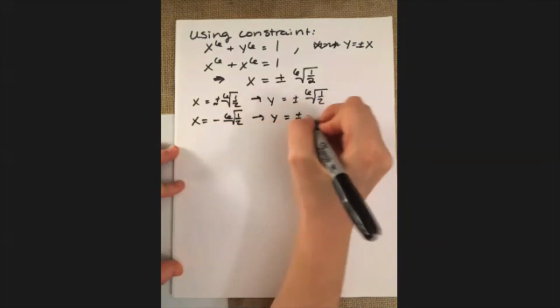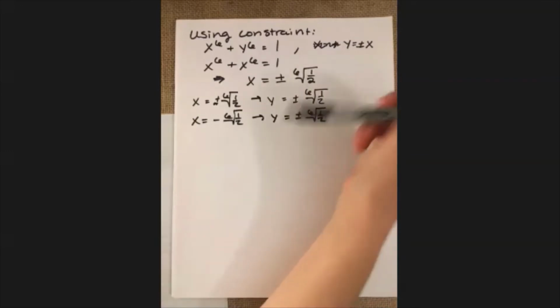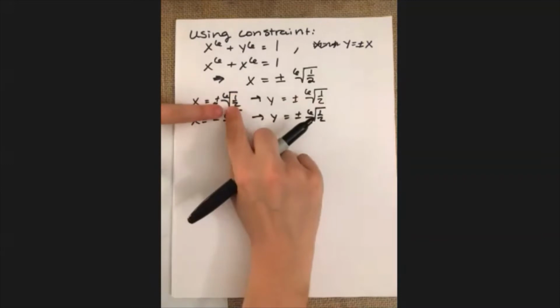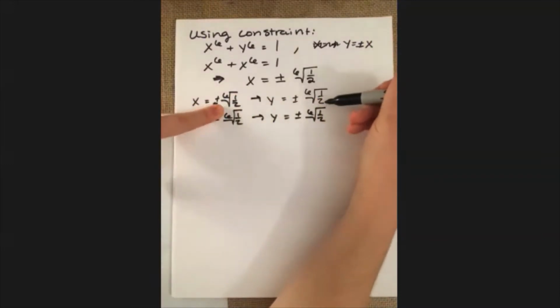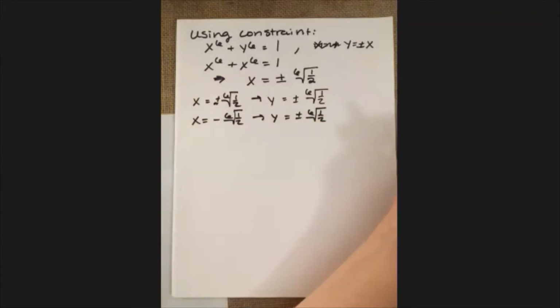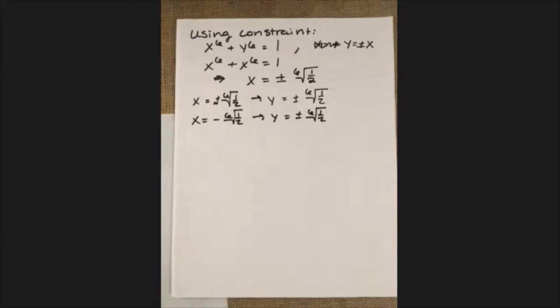Y is equal to plus or minus the 6th root of 1/2. So what this means is that we basically have every possible combination of x and y with them being positive and negative. So like if x is positive, we could have y be positive or negative. And if x is negative, we could have y be, well, positive or negative. So you can go through and you can write these out for points individually, however you want to express that.